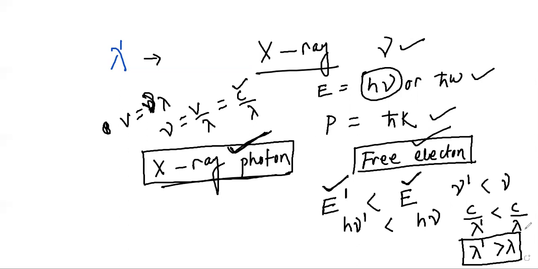Now let us do a little math to understand what this change in wavelength is, where Δλ is equal to λ prime minus λ. Let us try to understand this Compton shift.